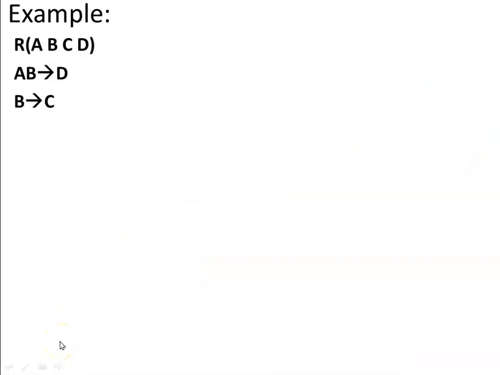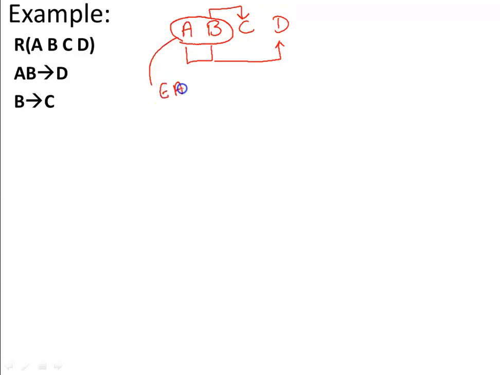Now here we have a relation R with the attributes A, B, C, D, and some FDs are given to you: A, B determines D and B determines C. Your first job is to find the candidate key. How do you find the candidate key? You design the edge diagram. So we have A, B, C and D. A, B determines D and B determines C. A and B do not have an incoming edge, so A and B become essential attributes.